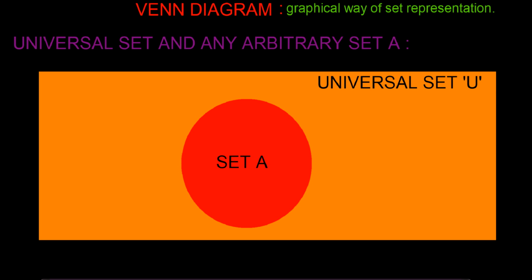What is a Venn diagram, and why is it important? Because a Venn diagram is a graphical way of set representation. That's one thing. But many properties or many laws of sets, many operations of sets, you can easily visualize using a Venn diagram.